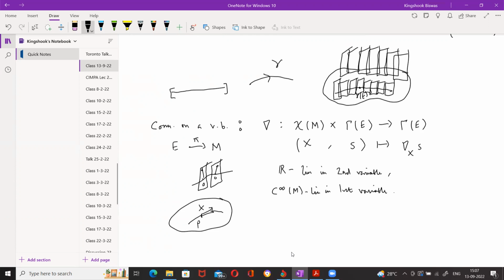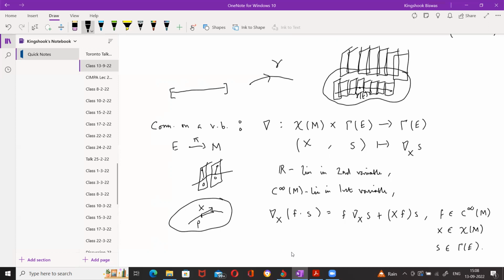And it satisfies a Leibniz rule. So nabla X of f times S is f nabla X of S plus X f times S, where f is a smooth function on M, X is a vector field on M, and S is a section.